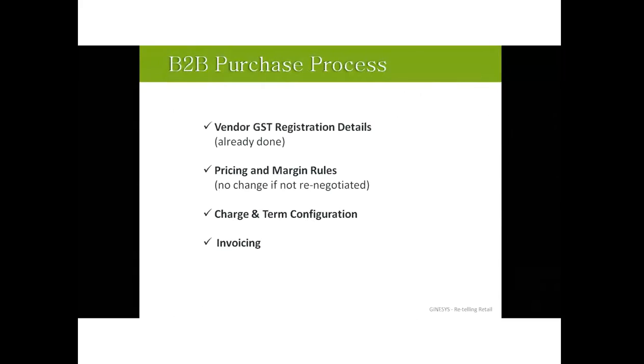If you haven't renegotiated any of the terms with your vendor, then you need not do the same, because the system will automatically calculate GST as required. Then we'll come to charge and term configuration and invoicing. So let's start with the charge and term configuration, because the above 2 points are already clear.